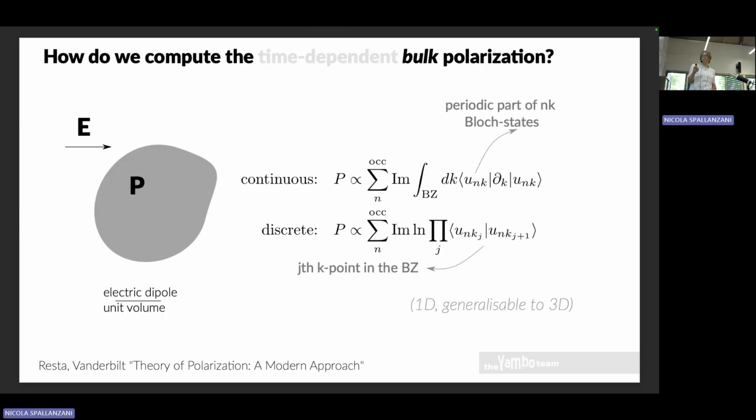I skipped one part on how to get to this. In the many-body case, you have the many-body wave function, and then the operator will be an exponential of the position operator, and then you take the logarithm. And indeed, to get this expression you need a non-interacting or effectively non-interacting system where your many-body function can be represented by a Slater determinant.